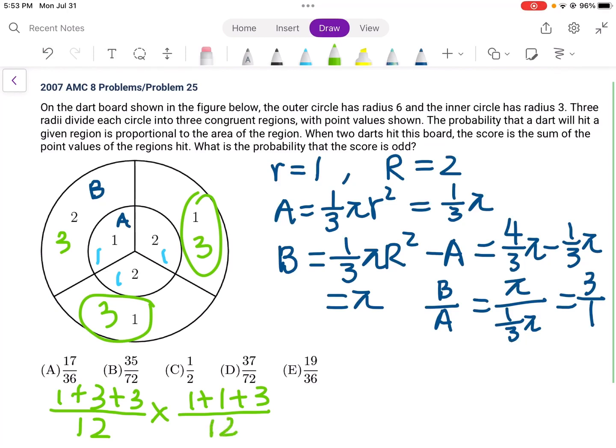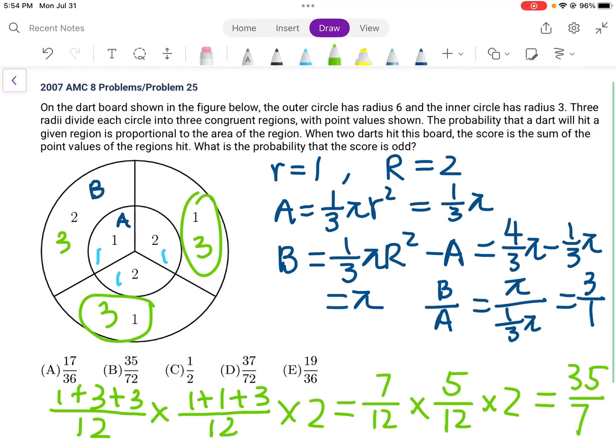Because we just considered the first dart landing in 1 and the second dart landing in 2, and their order can switch, we multiply that by 2. And this is 7/12 multiplied by 5/12 multiplied by 2, and that is 35/72. So the answer is B.